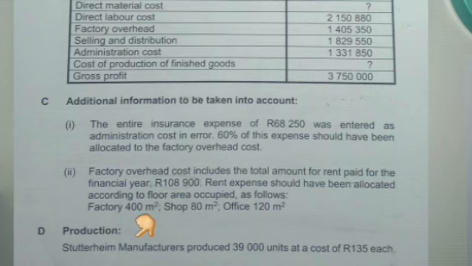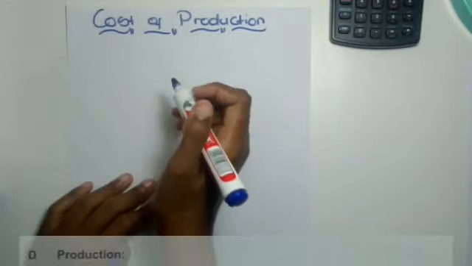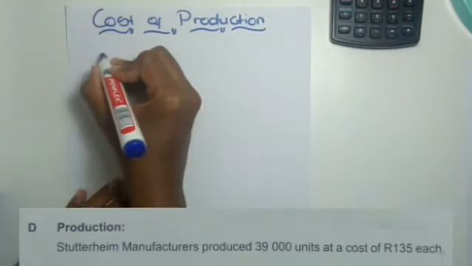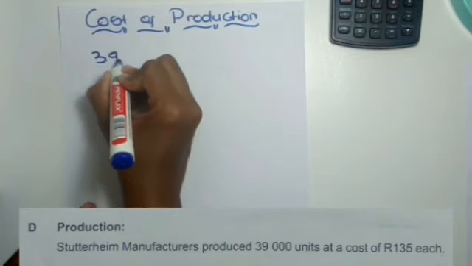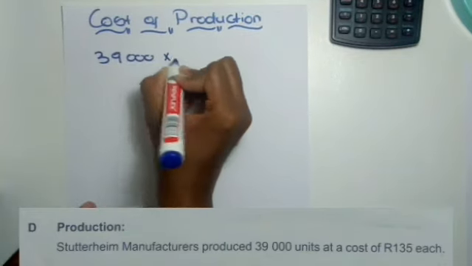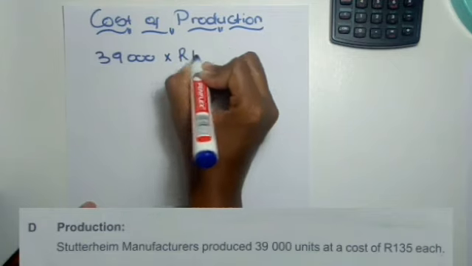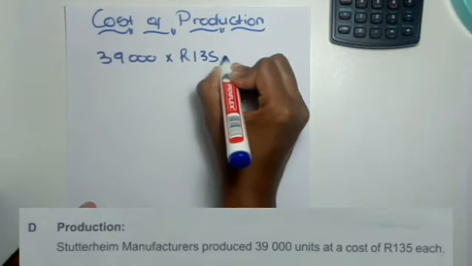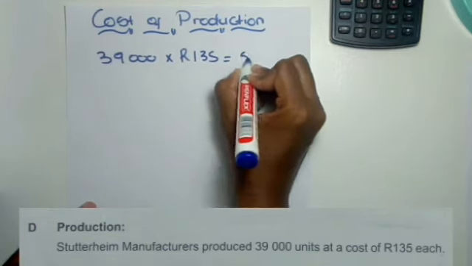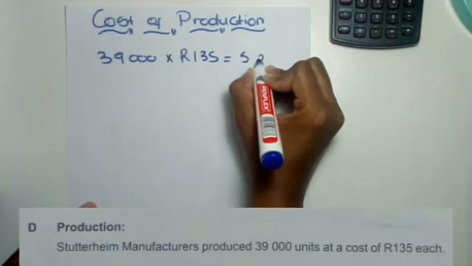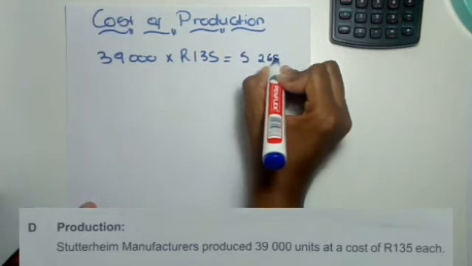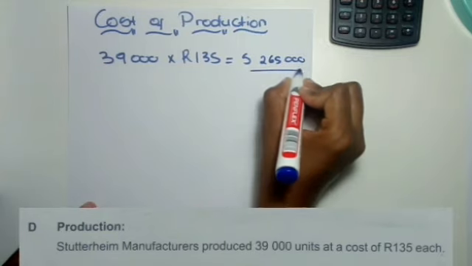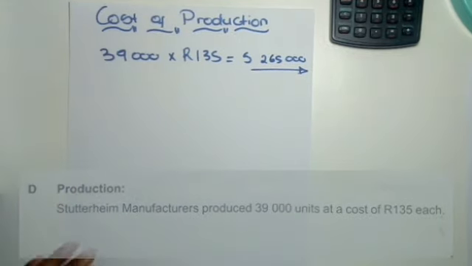To calculate our total cost of production of finished goods, we are going to use information D, and it says Starter High manufacturers produce 39,000 units at a cost of 135 each. So the calculation for cost of production is just as simple as taking our units and multiplying it with a cost per unit, and it gives us a total of 5,265,000.